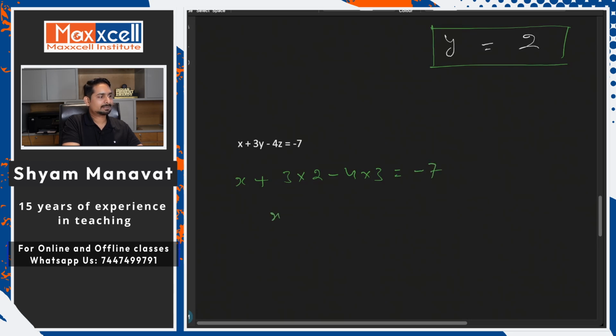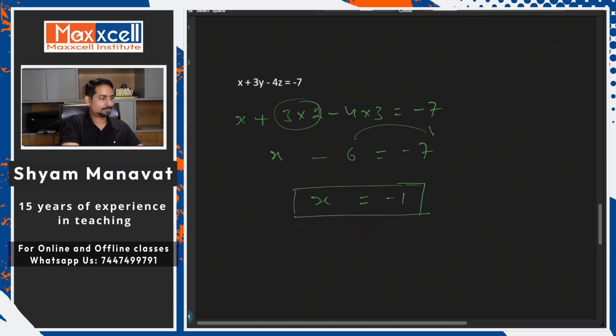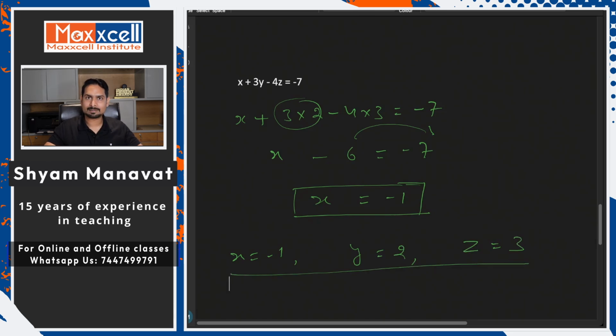Simplify x, this is what? 6 minus 12. It will go plus. So x is equal to what? Minus 7 plus 6 will become minus 1. That is the value of x. Okay, so you got x as minus 1, y as 2 and z as 3. That's how you got the value of all three variables.